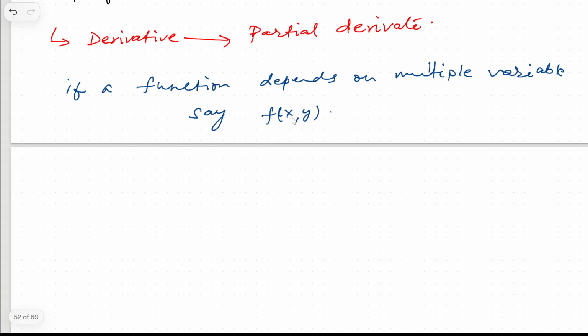Instead of f(x), now we have f(x,y), meaning there are two inputs, x and y, two independent variables.